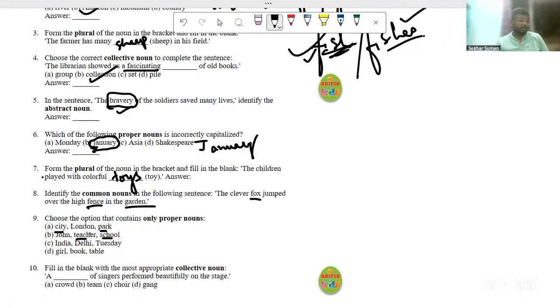But as you see option C, all of them are proper nouns. So option C is correct. Yes, children. India, Delhi, and Tuesday. Well, option D also is not appealing because they are all common. Girl, which girl? Book, which book? Table, which table? They're not specified.